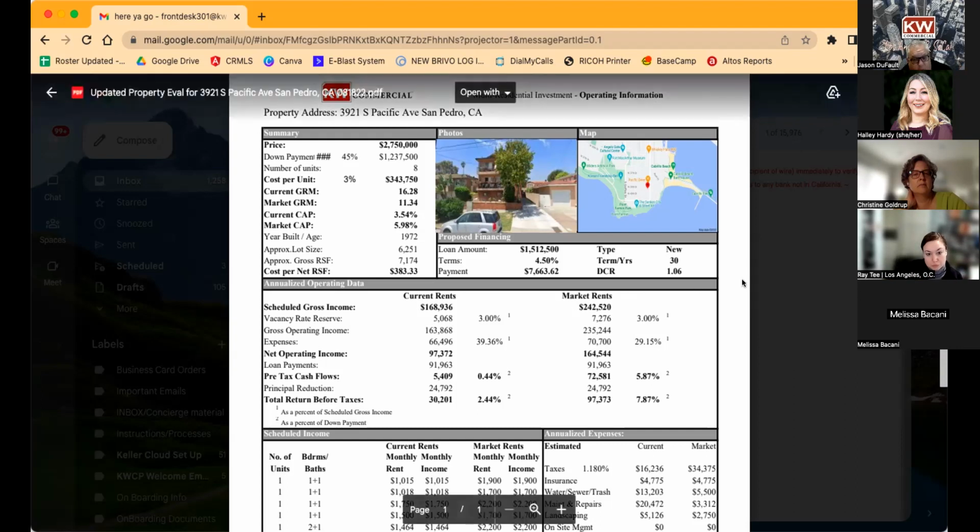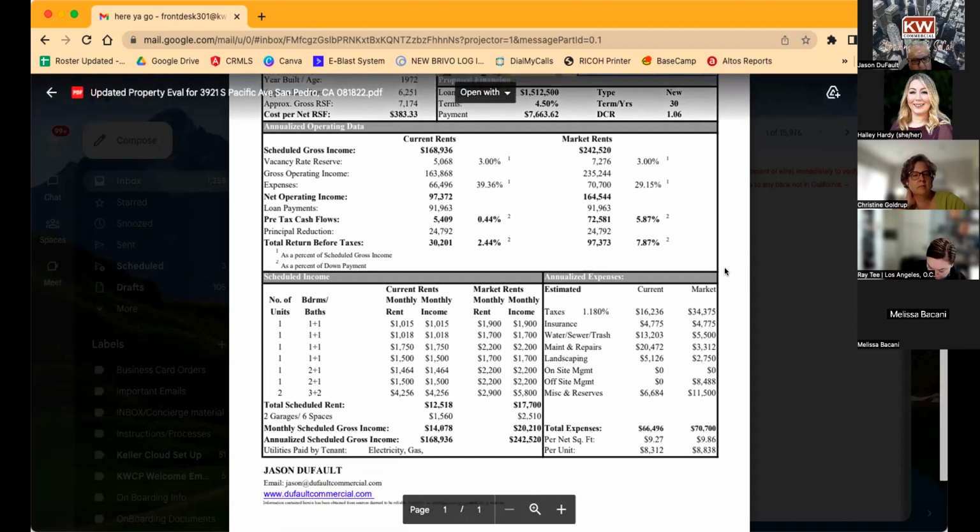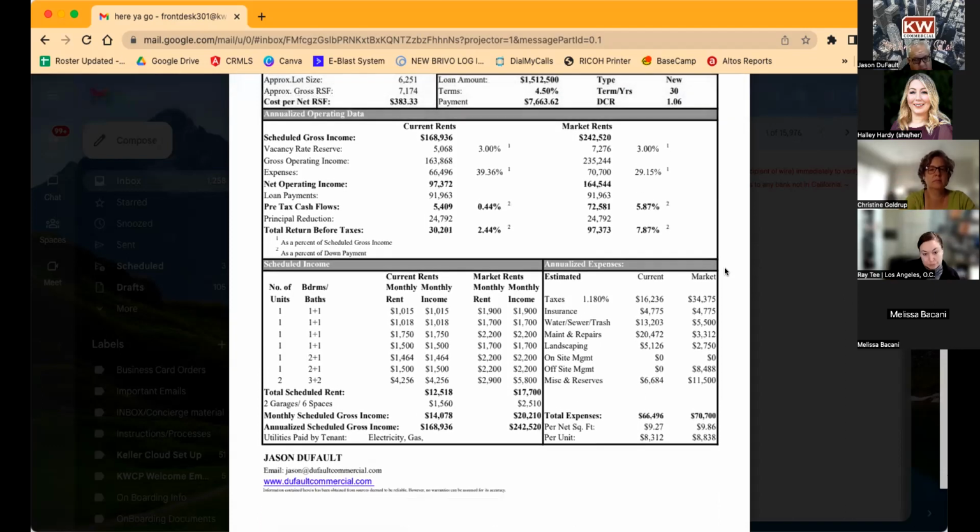Now, the one thing, can you scroll down a little bit? Sophia, yeah, thank you. If you look down at the bottom in the scheduled income, there's the monthly income. Do you see the difference between the monthly on the current and monthly on the market?